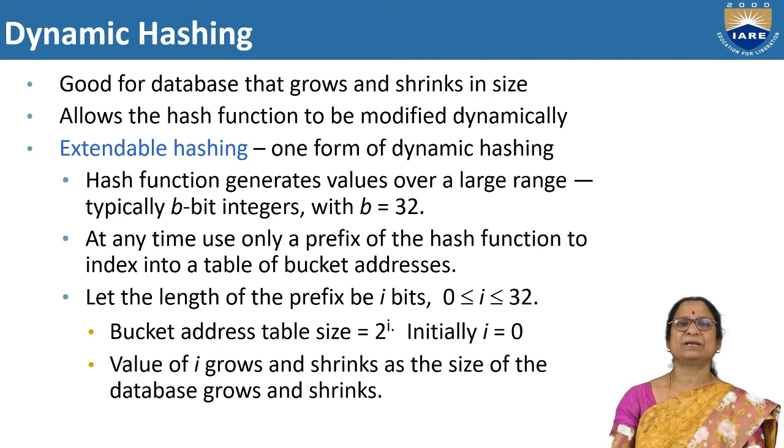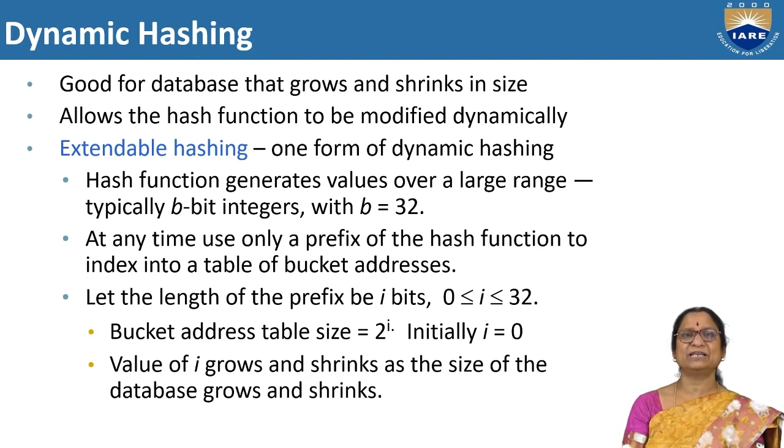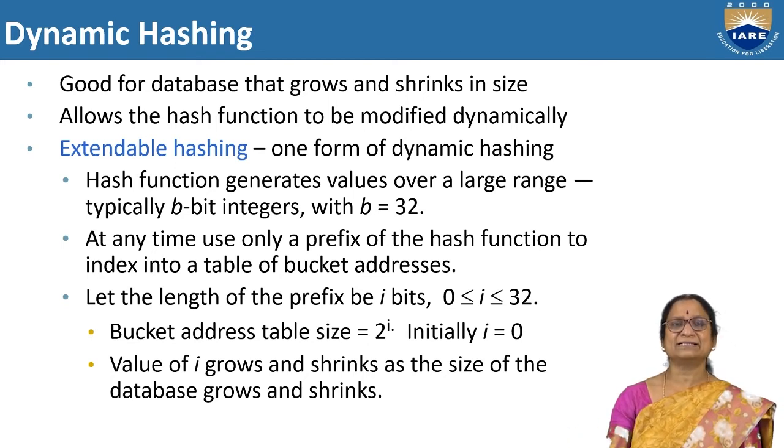With 32 bits we get 2 power 32 combinations; 3 bits means 2 cube, 4 bits means 2 power 4, and like that 32 bits means 2 power 32 combinations are available. But all of them may not be used, depending upon the size. We may initially use fewer bits. After that, more bits are added, and automatically more buckets are added.